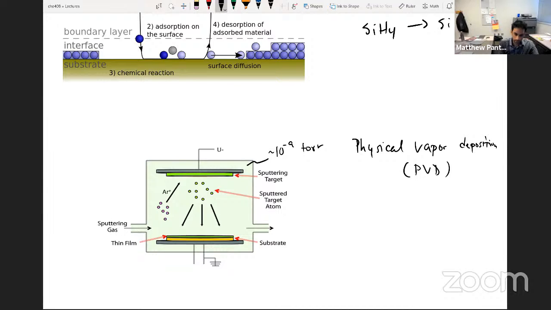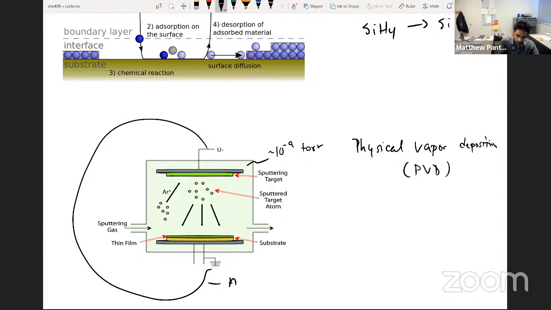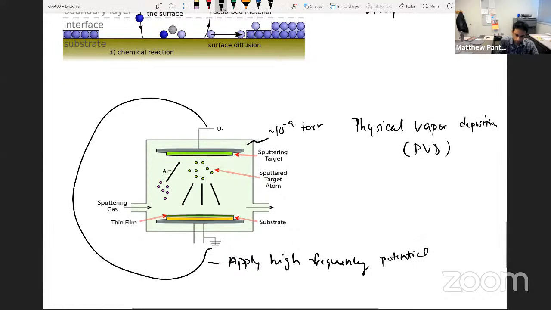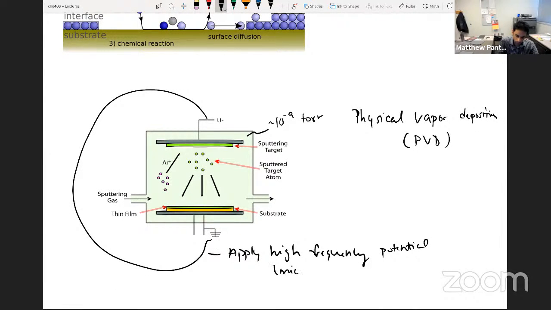So by applying some kind of oscillating potential, usually a high frequency potential, it could be low frequency too. It can be a microwave or radio wave frequency, so in that sort of region.